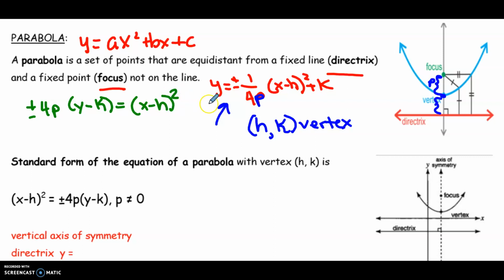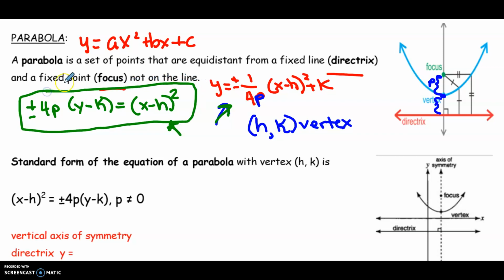Now, it really is the same exact equation as this. It's just in this equation here, which is more commonly used, we subtracted this k over, and then we multiplied both sides by 4p, and that's where we got this equation. And this is the equation we basically use when we're dealing with conics, with parabolas in this section.